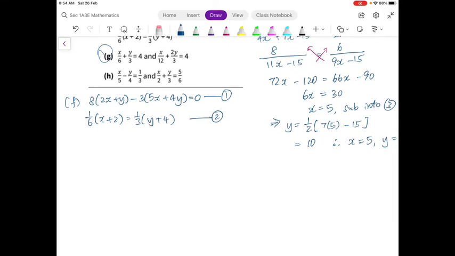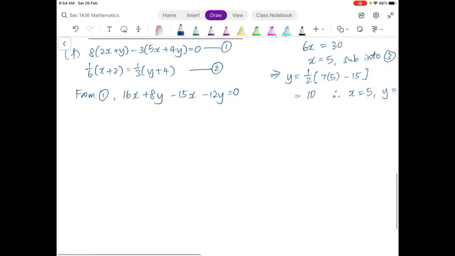Okay, so making something the subject, we can choose to manipulate both equations beforehand. So for example, from equation number 1, we want to try and carry off all the brackets first and group all the x terms and all the y terms together. So we end up with 16x plus 8y minus 15x minus 12y equals to 0.